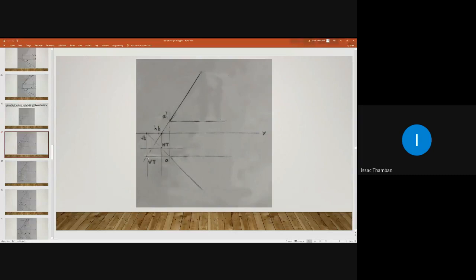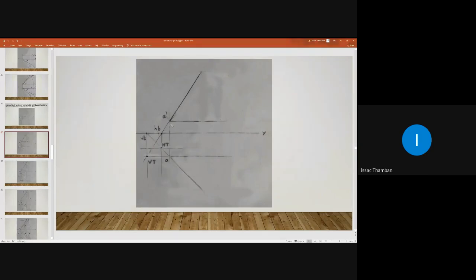You see this. You are connecting VT and small h by means of a thin line, and you are extending that line. And this line extended is intersecting the first end projector here, isn't it? And that point is our A dash.